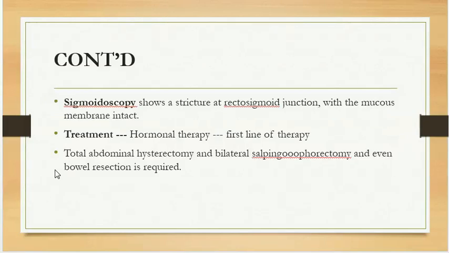Sigmoidoscopy in these patients shows a stricture at the rectosigmoid junction with the mucous membrane intact, and the history is also very important in this patient. Treatment is hormonal therapy, which is the first line of therapy. Total abdominal hysterectomy and bilateral salpingo-oophorectomy and even bowel resection may be required in these patients.